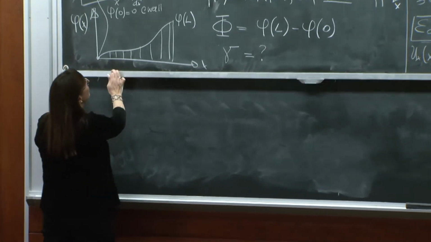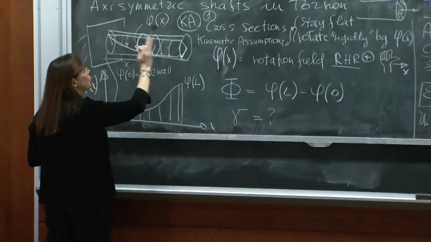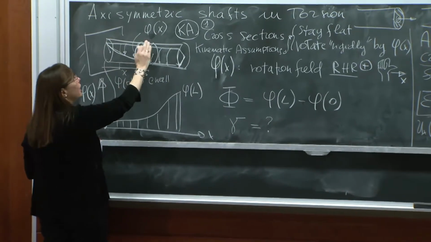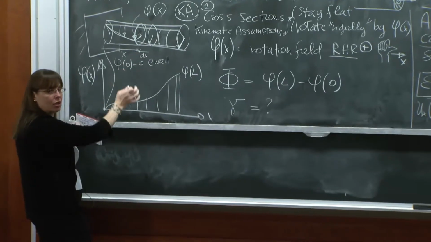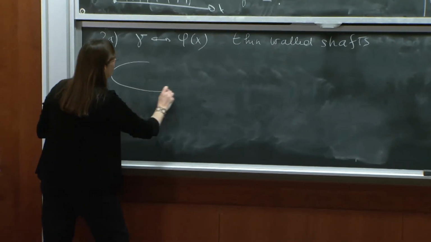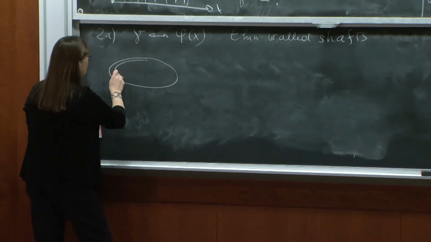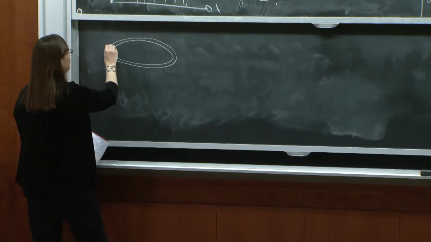So let's take a nice saw, zip, zip, zip, cut off this part, zip, zip, zip, cut off this part, and then let's just draw this little section here of length dx. OK? So let's draw it up. We're doing a thin wall shaft. So if I cut that, I only have a little thing like that.